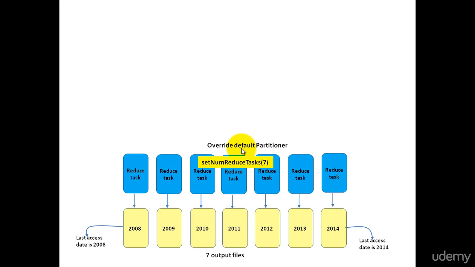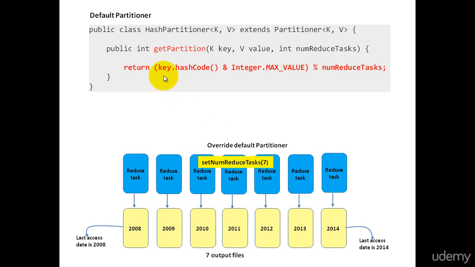Let's first see how a default partitioner class looks like. This is how it looks like. The getPartition function is where the logic is written to get the partition number. By default, it is computing the hash of the map key and then doing a modulo of the number of reduce tasks.